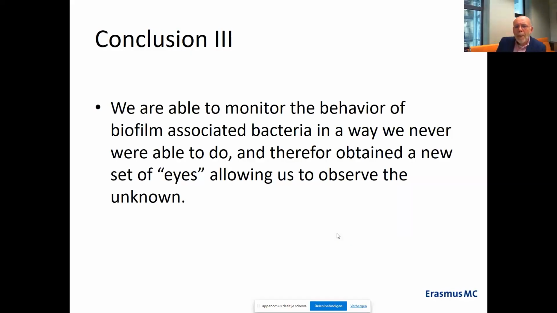So I'm convinced that we are able to monitor the behavior of biofilm-associated bacteria in a way we were never able to do. And therefore, we obtained a set of new eyes that allow us to observe the unknown.